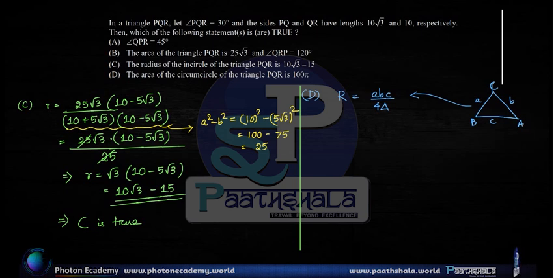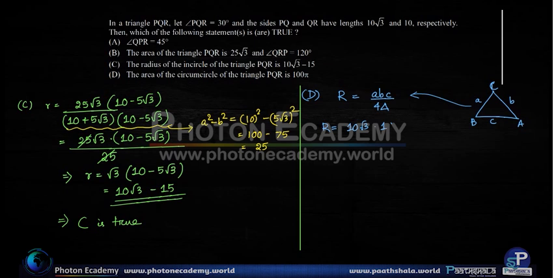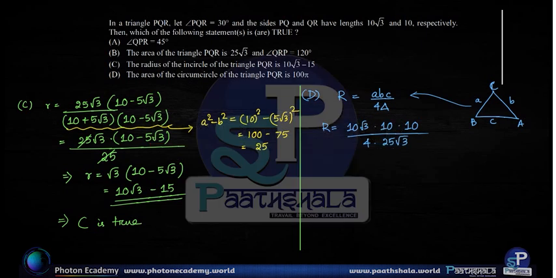Applying the formula for the given triangle, we have R is equal to, we have one side as 10 root 3, other as 10 and another as 10, divided by 4 into del, which is 25 root 3 as evaluated in the previous option. That implies we have R as 10, which is the circumradius.